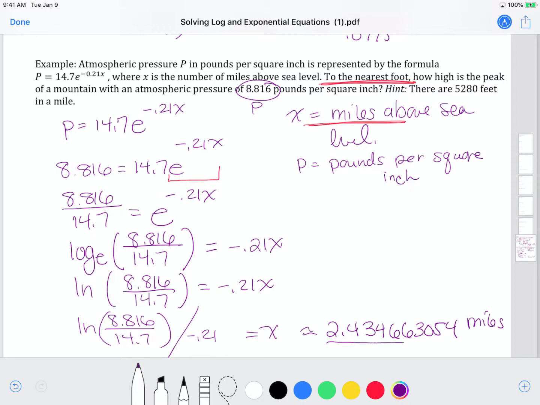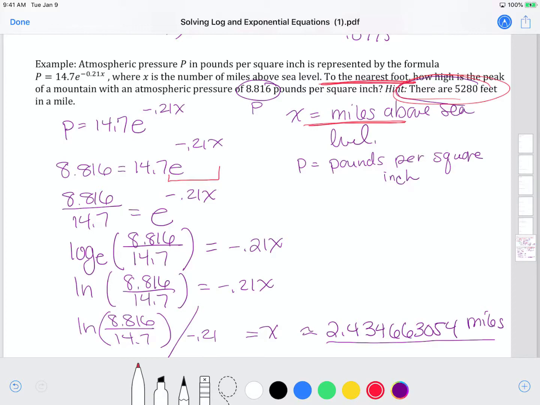So although this is the correct answer, we're not quite done with the question yet because we have to translate it into feet. Now the problem gives us the hint here that there are 5,280 feet in a mile. So if you didn't know that, you had that in the question.